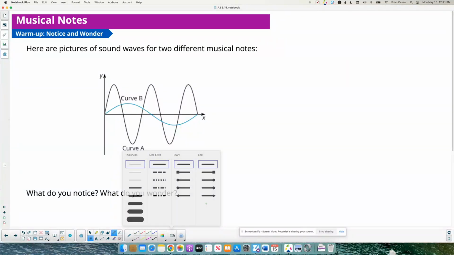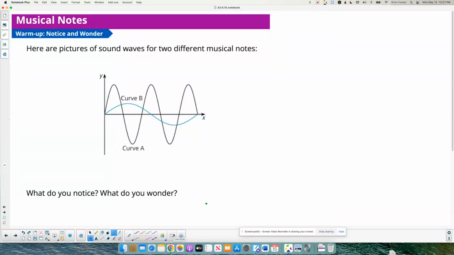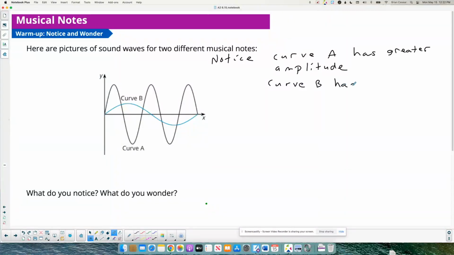Some things that I might notice: curve A has greater amplitude. Curve B has 1 period.